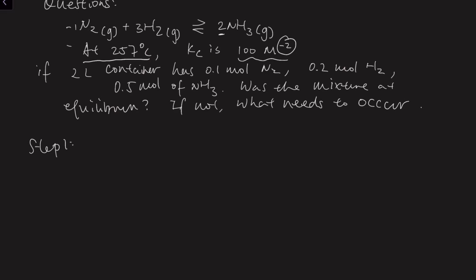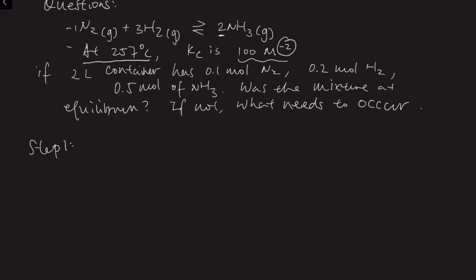So the next step is to look at the definition of concentration fraction. Remember, if we want to know whether the mixture is at equilibrium or not, we need to compare the concentration fraction with the equilibrium constant. If they are equal to each other, then we know we are at equilibrium. So this is the first step we need to do.